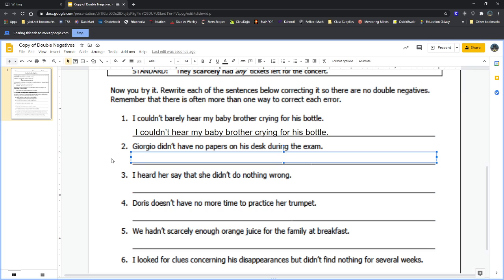I would want to replace it with another word. Jada, do you think you have a word that I could replace it with? Okay, what word would you replace it with, Jada? Any. Giorgio didn't have any papers on his desk during the exam. That would be a good way.